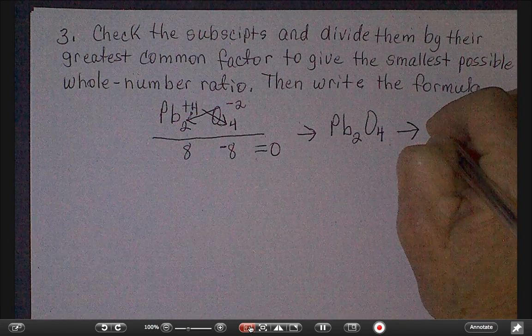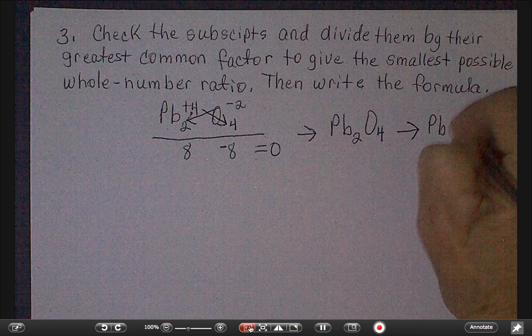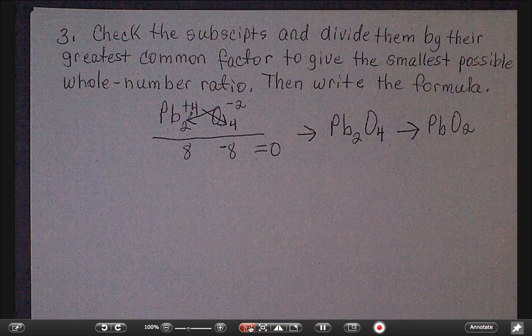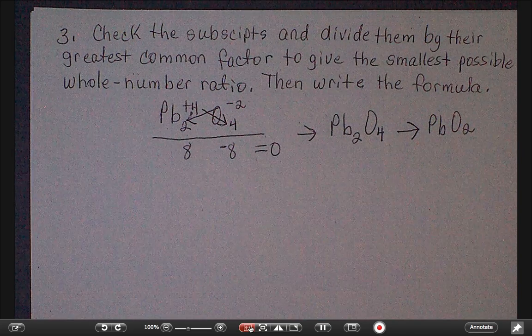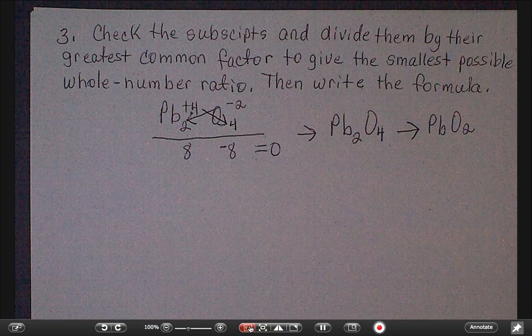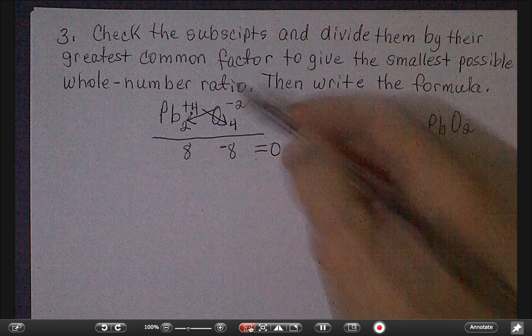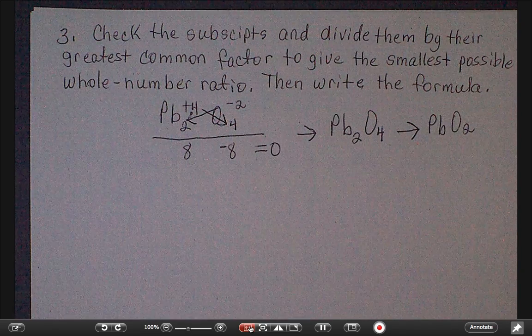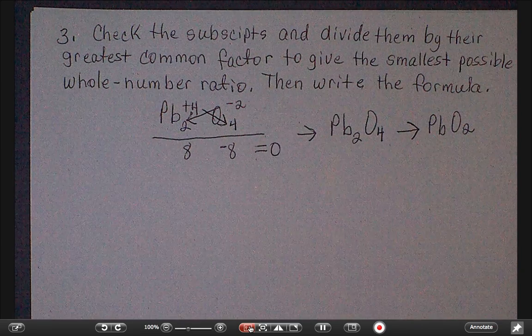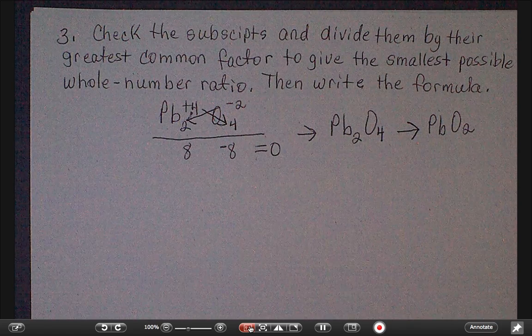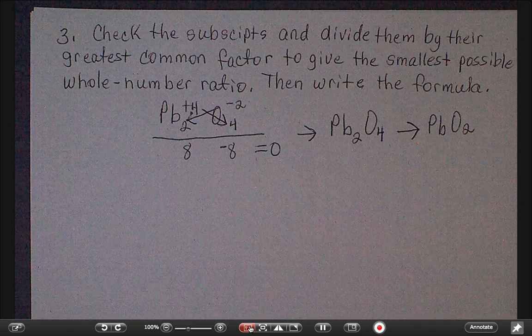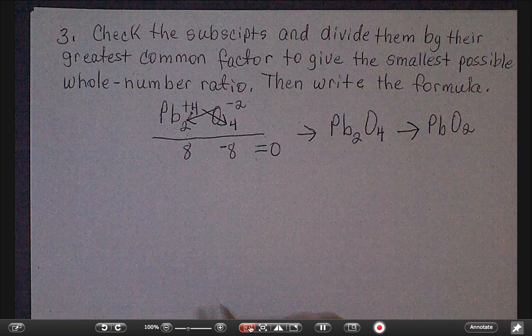PbO2. It's correct. And you can kind of look at it in a math sense. It's in its lowest reduced form, yes? If you have 2 numbers that you can divide by, then you apply this. If not, you don't have to divide them. Okay? Most of the time you won't. Sometimes you will. Okay?